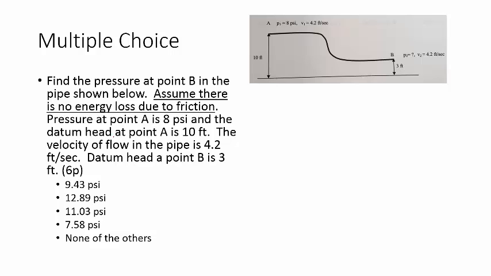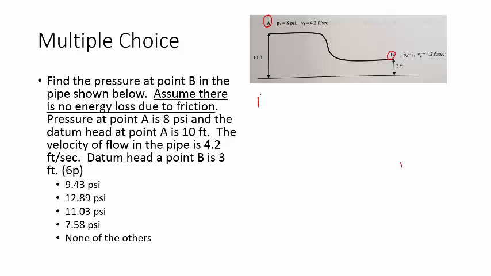So the next problem is multiple choice again. We have pressure at point A and at point B, and assume there is no energy loss due to friction.